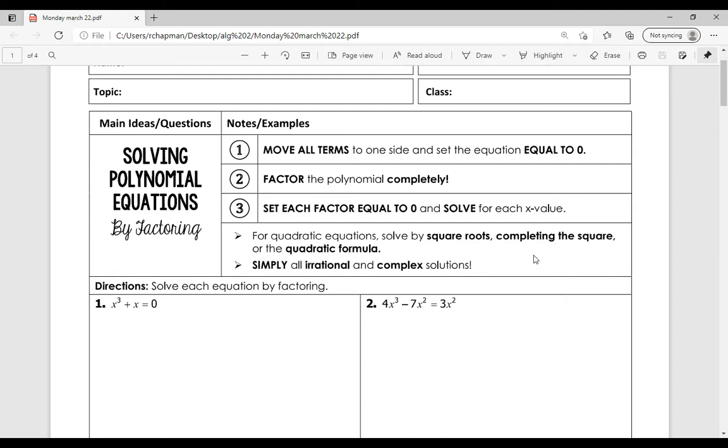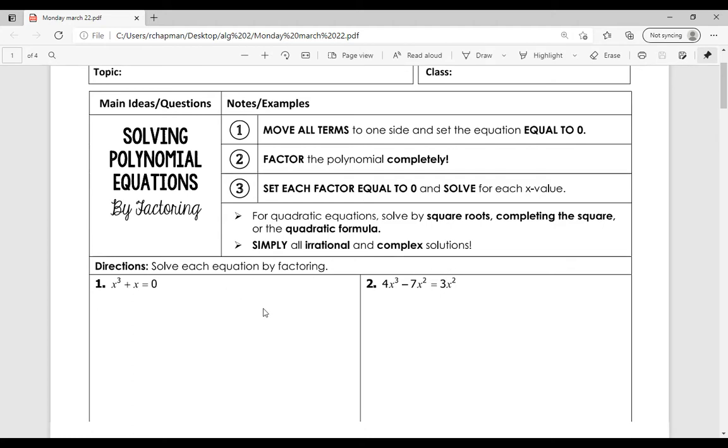Now, for quadratic equations, you can solve them by using the square root property, complete the square, quadratic formula, and we are going to have to incorporate some of that in here. So you're going to have irrational answers. You're going to have imaginary complex answers. So on this, we get what we get, okay?